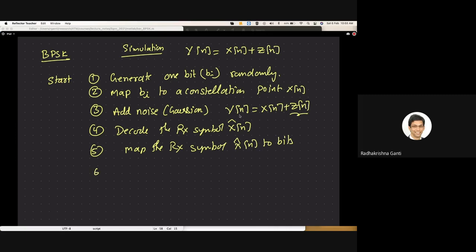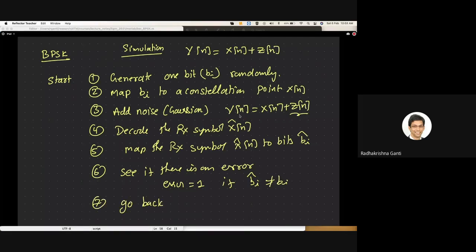The sixth step is see if there is an error. What does it mean? Essentially error is equal to 1 if b_i hat is not equal to b_i. The seventh step is go back to start. So you go on doing this.